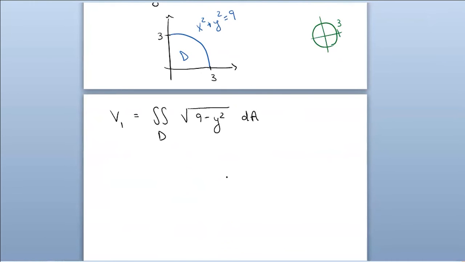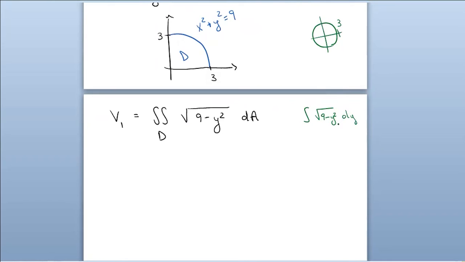Now here's where we get to be a little bit careful. What would I like to integrate with respect to? So I'm either going to have dx dy or dy dx. Again, let's come over here to the side. Say I'm integrating square root of 9 minus y squared dy.